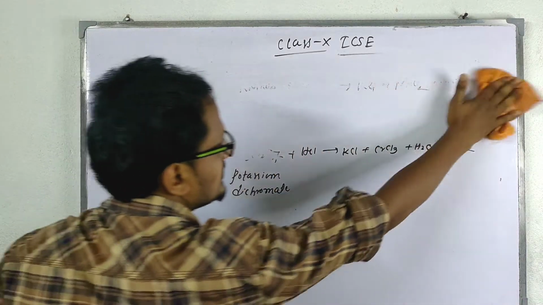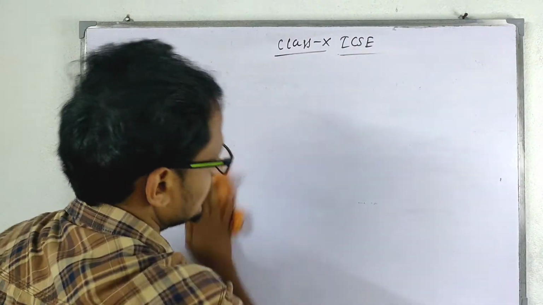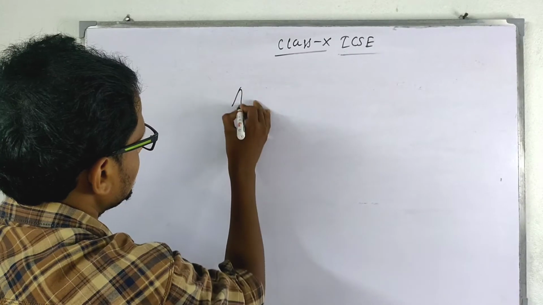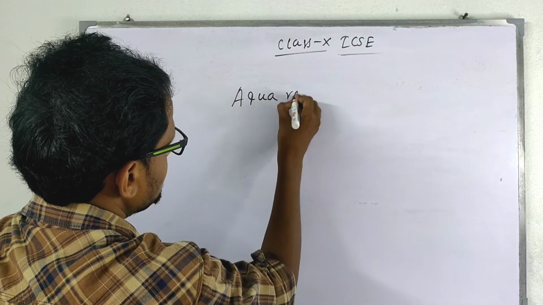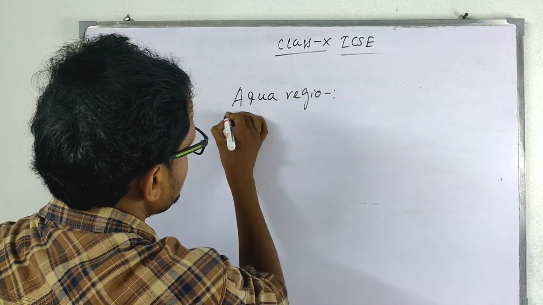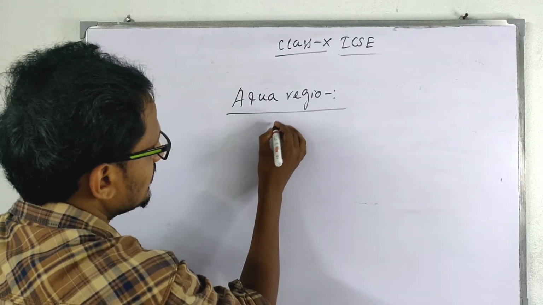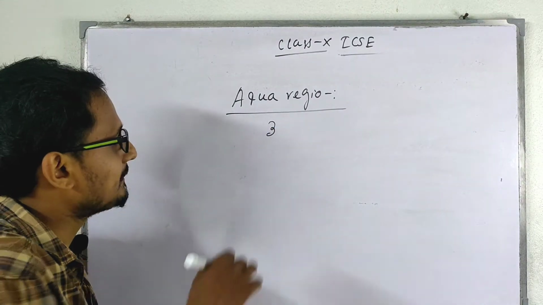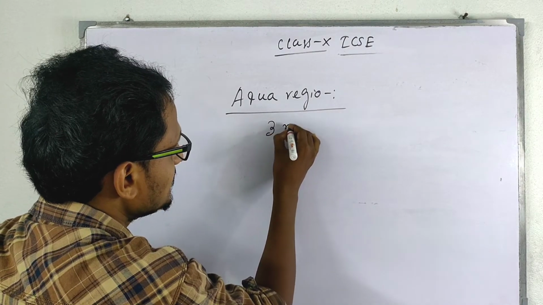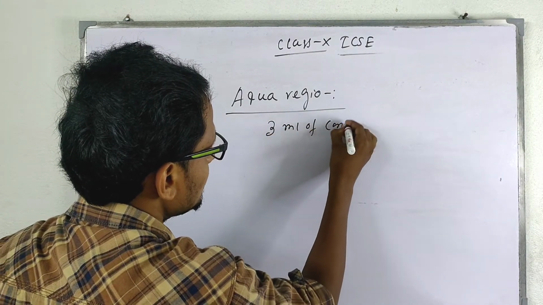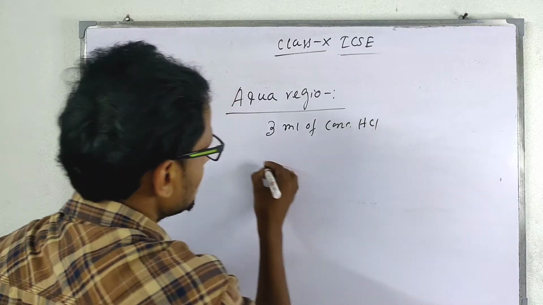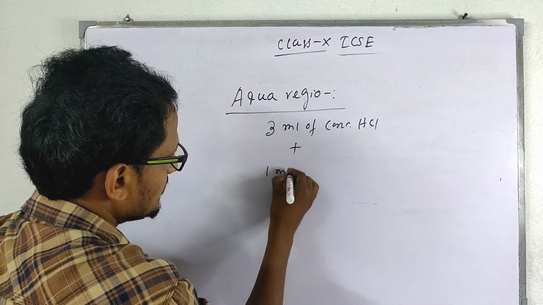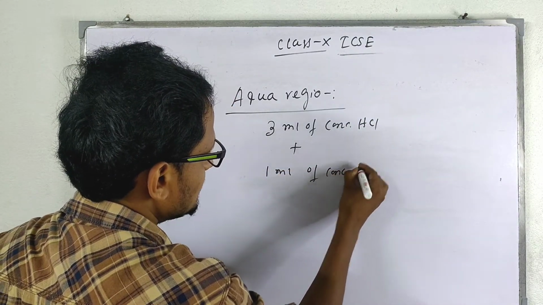So what is aqua regia? Aqua regia, important solution. This solution can be made by the mixing of 3 parts of concentrated HCl with 1 part of concentrated nitric acid.